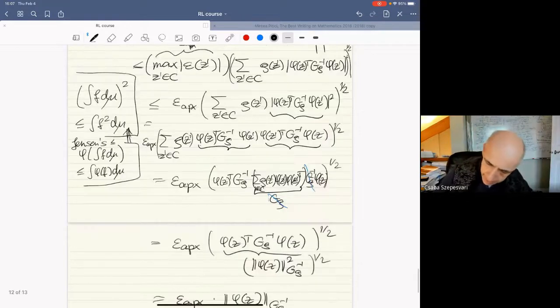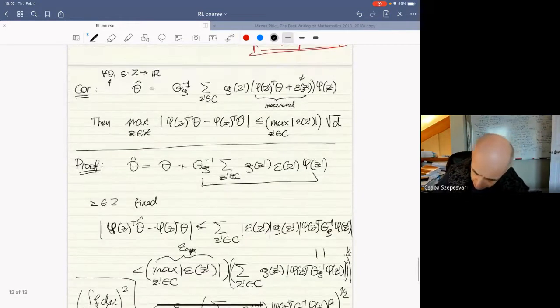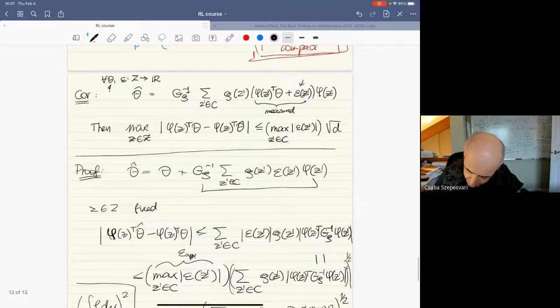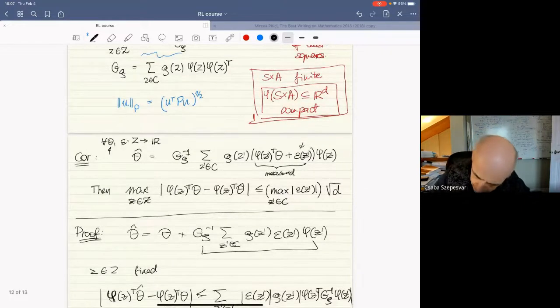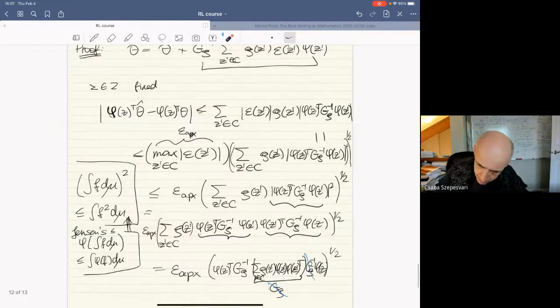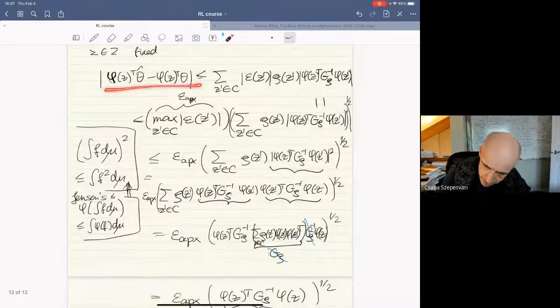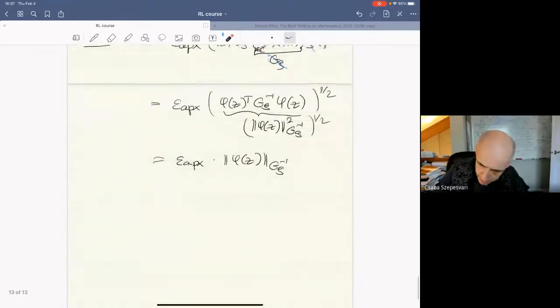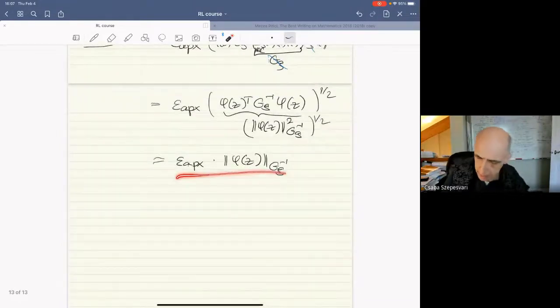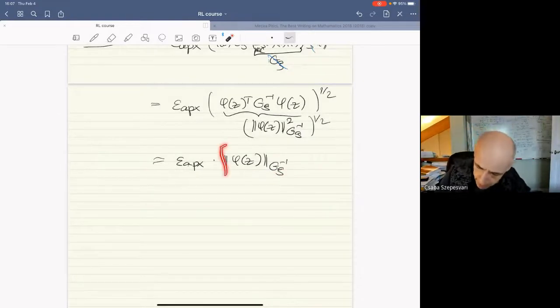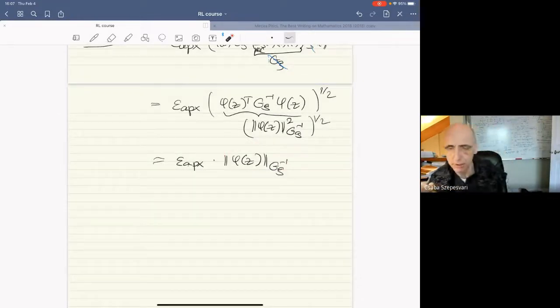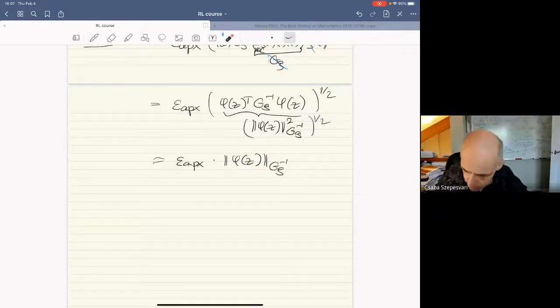So what this says is that if you're measuring something that can be viewed as linear with some errors, then the errors of prediction using least squares can be upper bounded by the size of the feature vector measured in this precision matrix, this G inverse weighted norm.